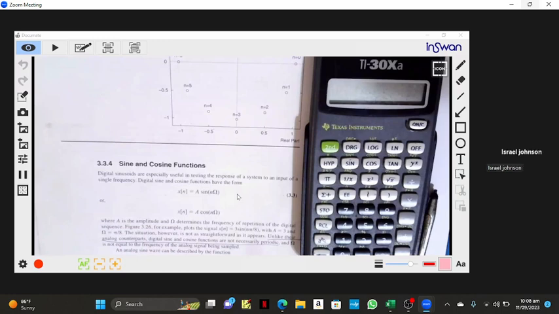Are we looking at that graph? Mr. Johnson, I didn't quite hear what you said. Are we supposed to be looking at something, or are you just speaking? You don't see my writing pad?